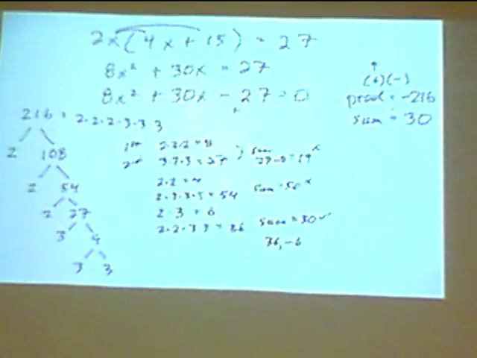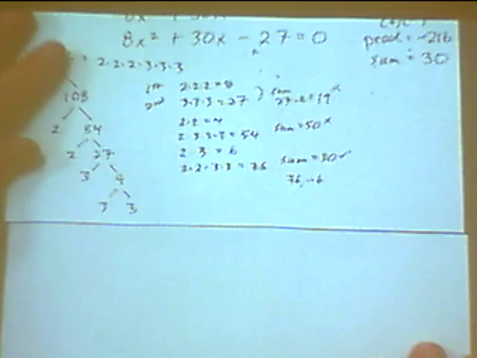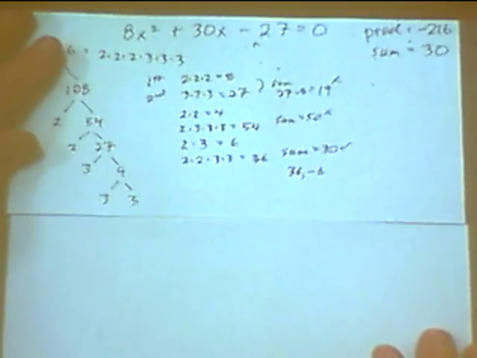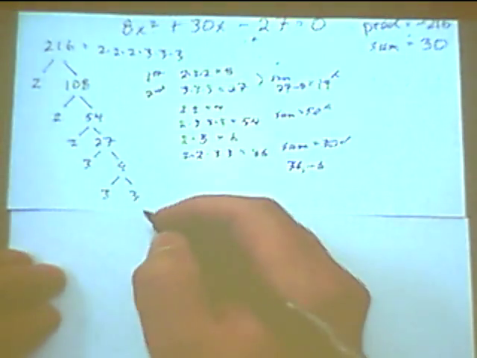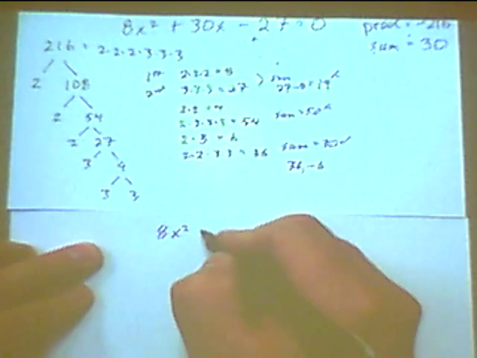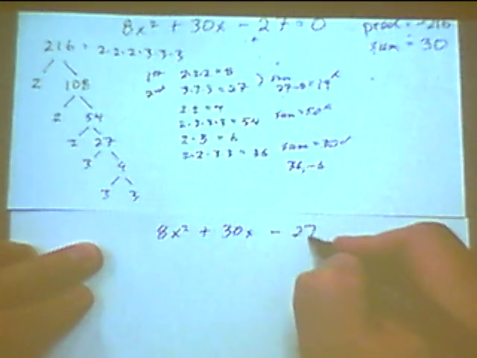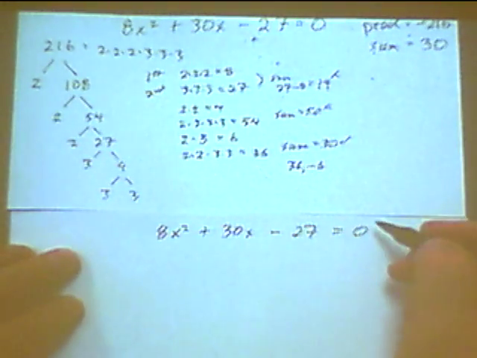So now, let me continue to work this problem out on another sheet of paper. So now I go back to my original trinomial, which is 8x squared plus 30x minus 27 equals 0.